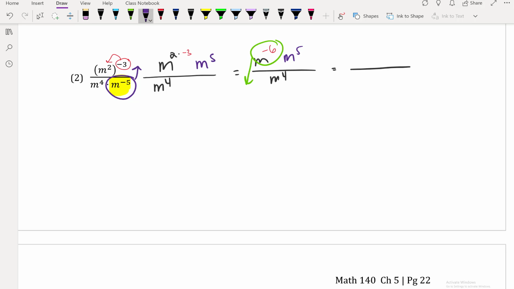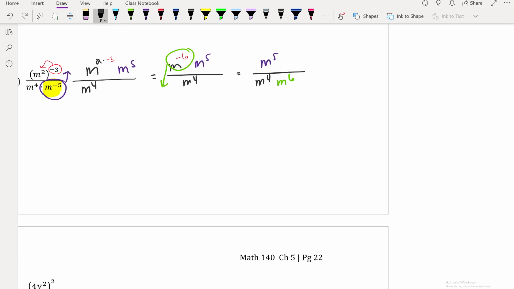So don't forget, up on top you have an m to the 5, and in the denominator you already had an m to the 4, but now you added that m to the 6 on the bottom to make it positive. You moved places. So now you can think of m to the 5th in the numerator, and now you can add the denominators together.